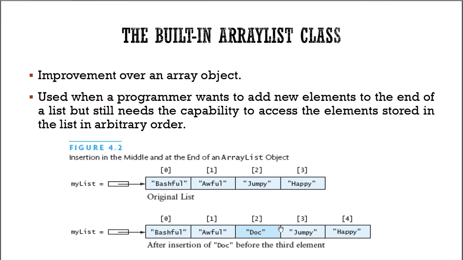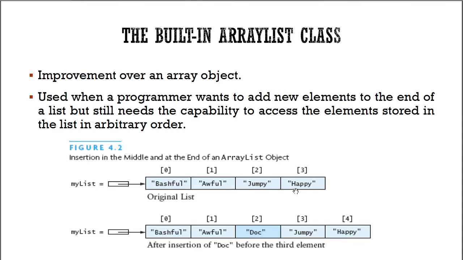This is an example, no matter built-in or you develop your own. Of course, built-in, this is the concept. For example, you have a reference to the array. This is the ArrayList. Currently we have data: happy, jumpy, awful.